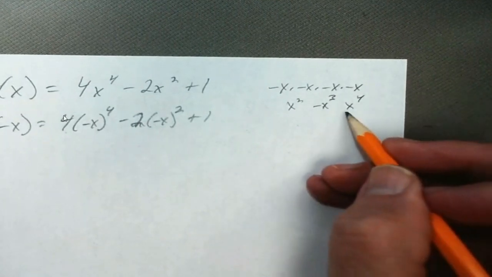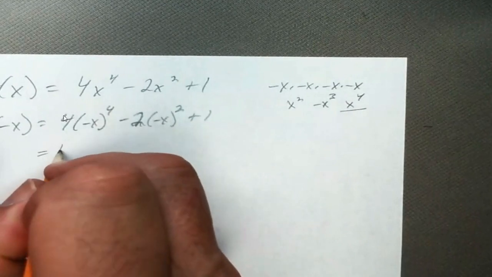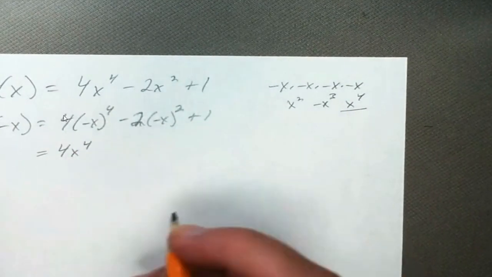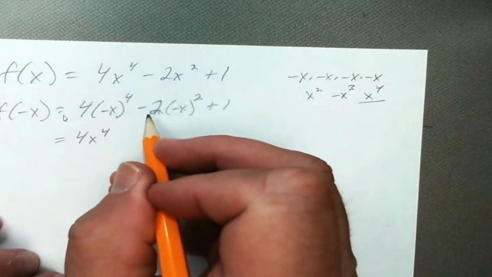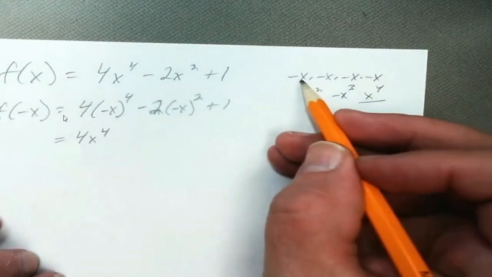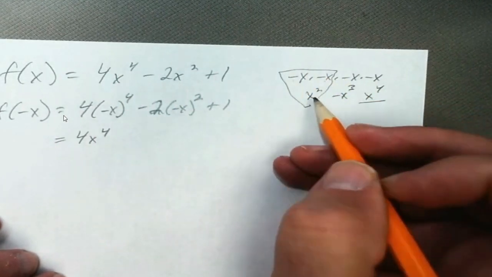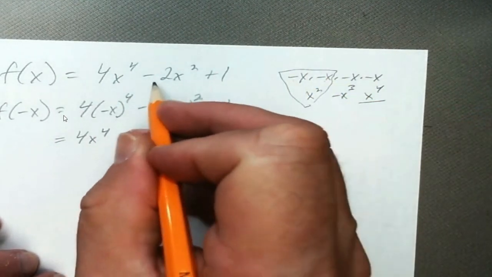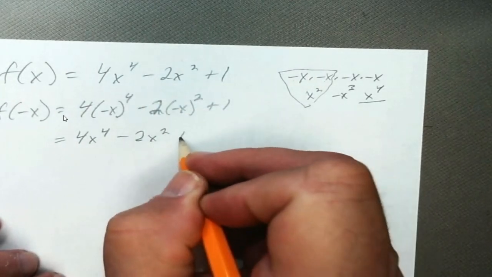It's x to the fourth. So this is just 4x to the fourth. And negative x squared, that's just negative x times negative x, which was x squared. So that's just a positive x squared. So I got negative 2 times a positive x squared and a plus 1.